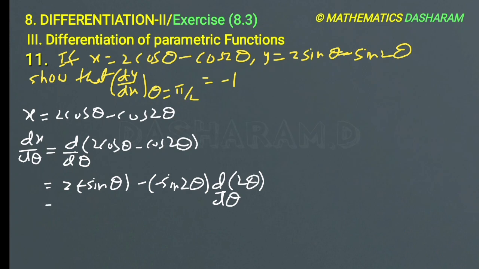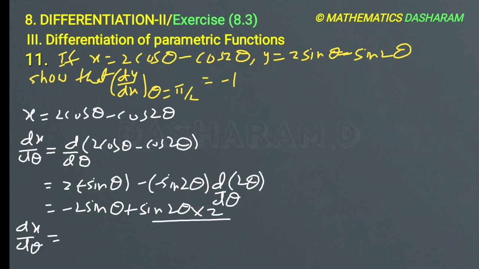So then it equals minus 2 sin theta plus sin 2 theta, derivative of 2 theta is 2. So then dx by d theta equals 2 sin 2 theta minus 2 sin theta.